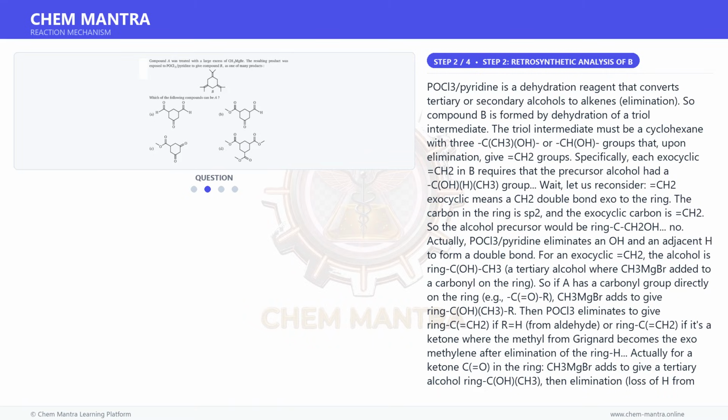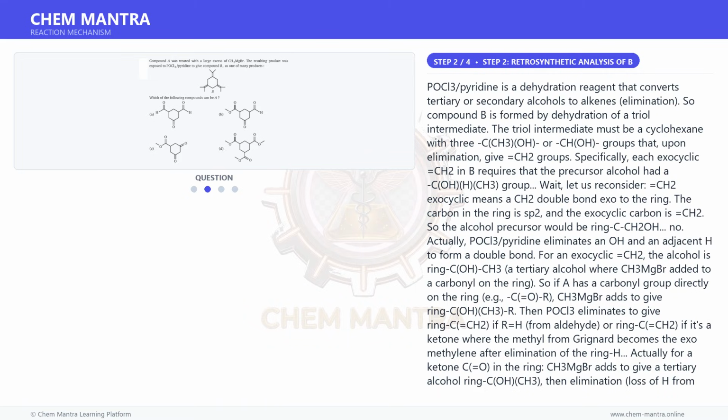The triol intermediate must be a cyclohexane with 3 C, CH3, or CHO groups that, upon elimination, give =CH2 groups. Specifically, each exocyclic =CH2 in B requires that the precursor alcohol had a CH3 group. Wait, let us reconsider.